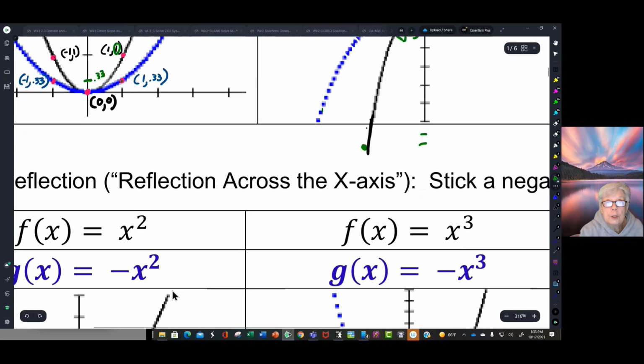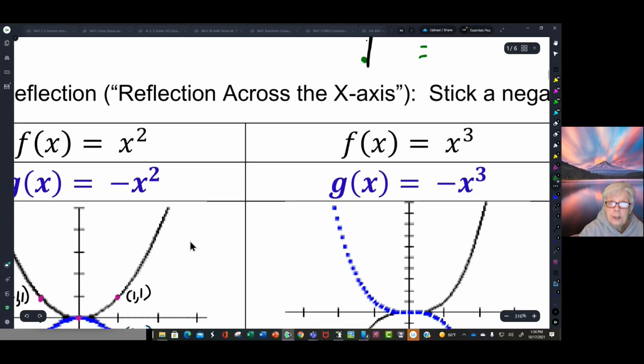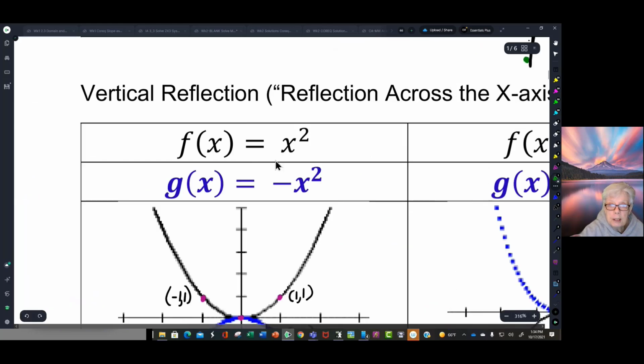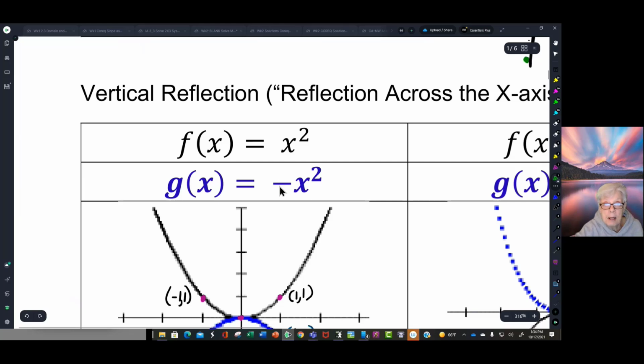All right. Now we're going to do a reflection across the x-axis. In other words, turning upside down. How do you do that? Well, you take a basic function and you put a negative sign in front. Remember that negative sign is really a negative 1. Negative 1 will be multiplying all the y coordinates, leaving the x coordinates alone.